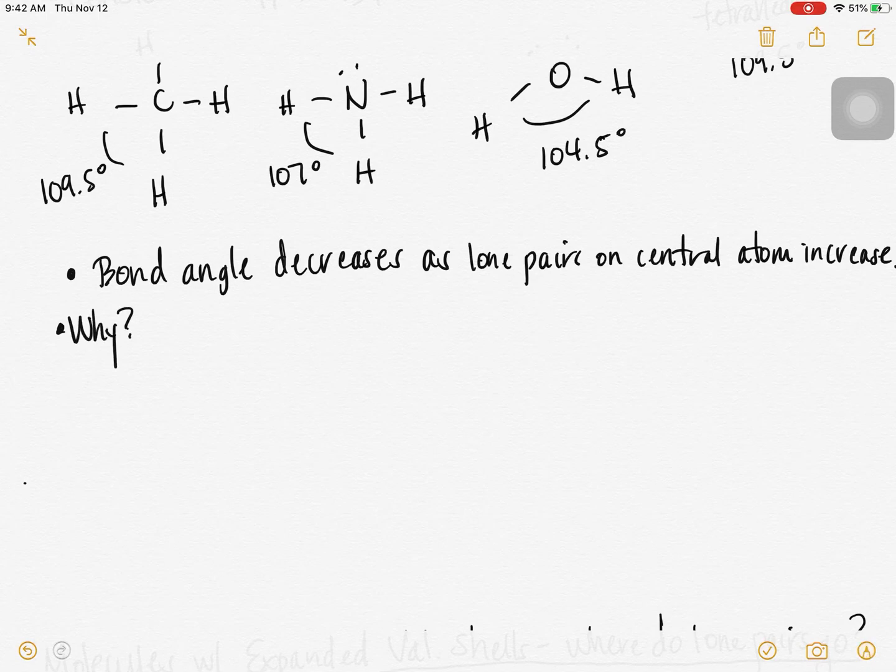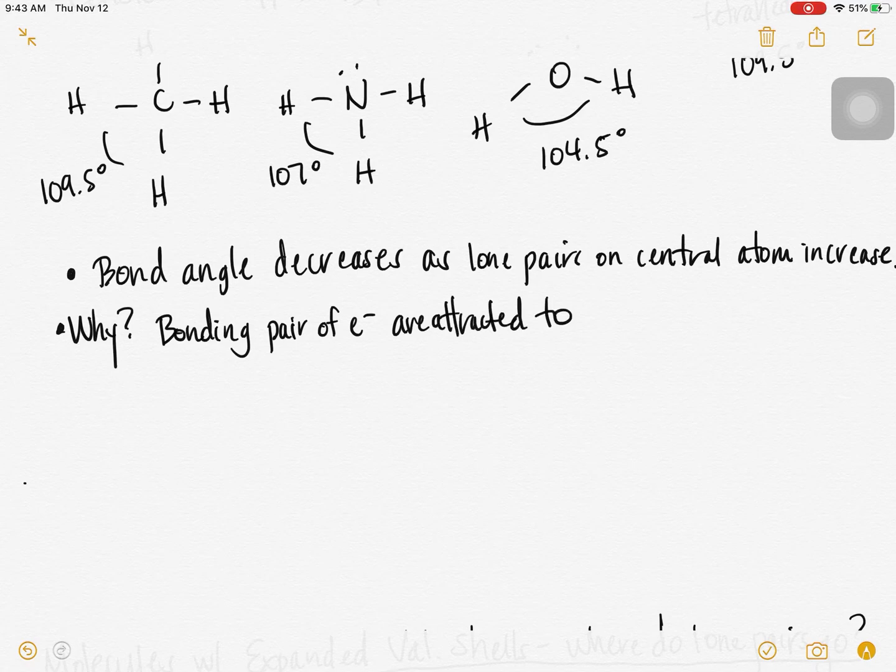And so it's kind of an interesting discussion, but it's the fact that when we have a bonding pair of electrons, okay, they're attracted to the nucleus of both atoms. So they're attracted to 2 nuclei. Like, for example, in NH3, this pair of bonding electrons is attracted to the nucleus of hydrogen.